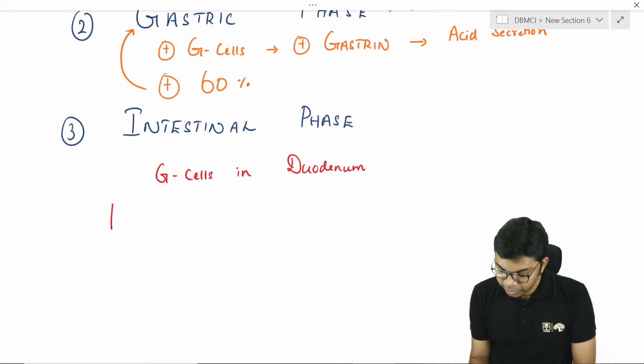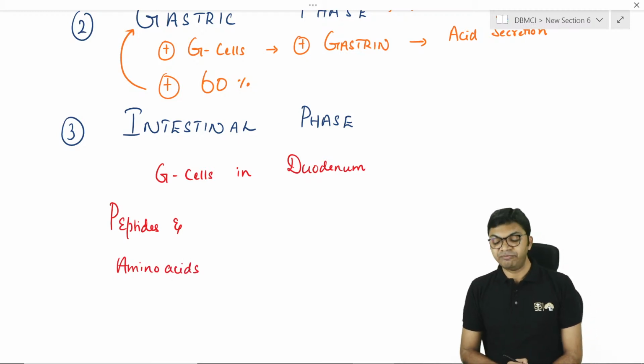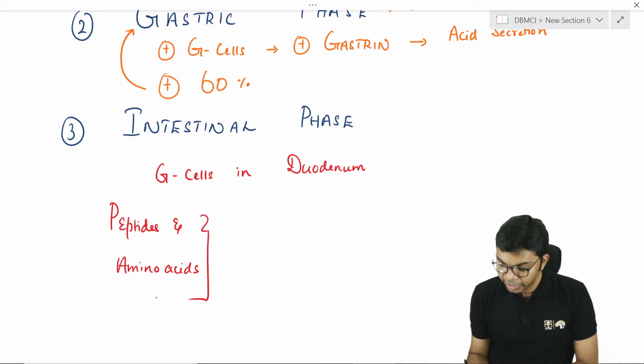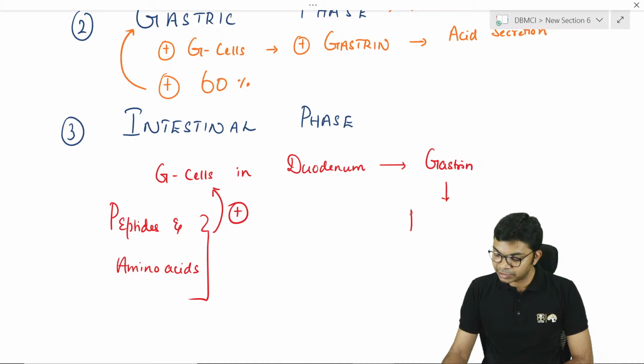So the peptides and amino acids, you know very well, have a direct influencing effect on G cells of the duodenum, isn't it? So in the duodenum, if there are peptides and amino acids, they go and excite G cells in the duodenum. As a consequence, this G cell releases gastrin, and the gastrin is going to enhance acid production.